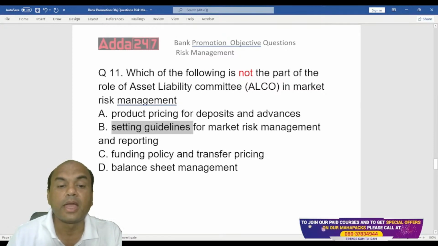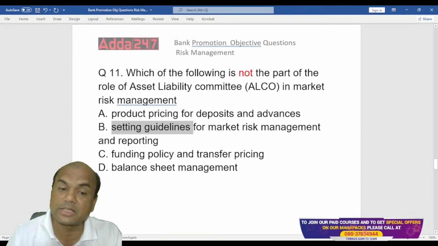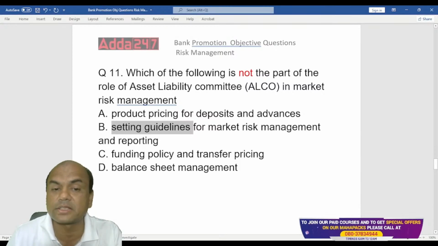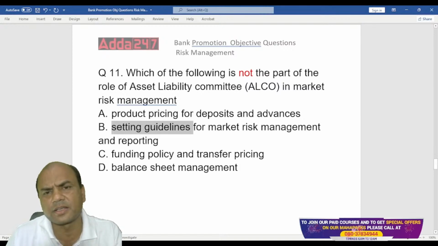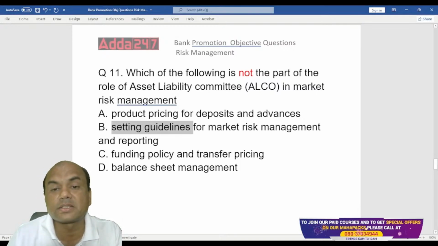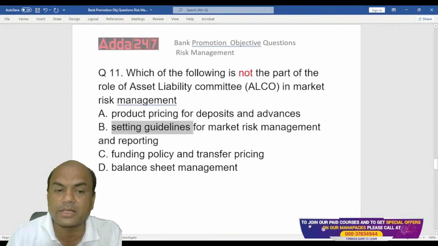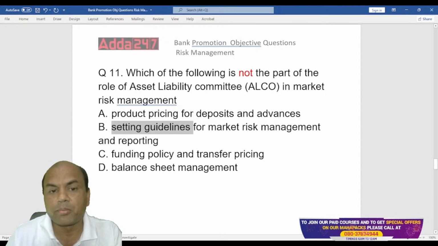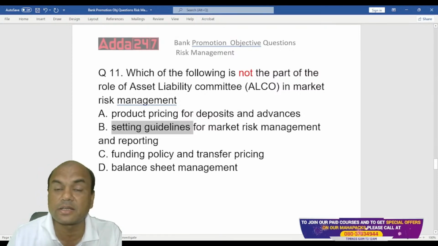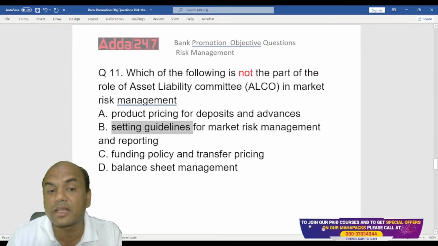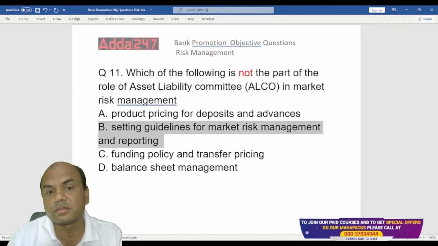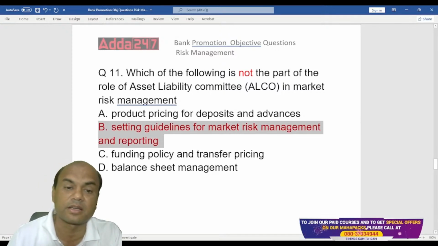And balance sheet management is also operational. Remember one basic thing: ALCO is an operational committee, so whatever is under operations will come under ALCO. Product pricing is a part of operation. Funding policy means how to give the loans, part of operation. Balance sheet is a part of operation. But setting guidelines is not a part of operation. This is a theory based or policy based decision.